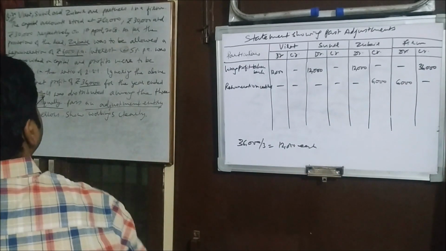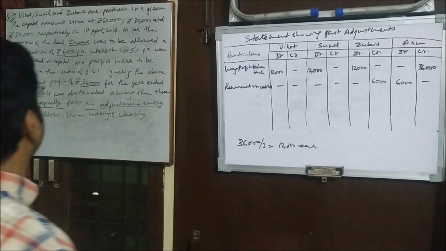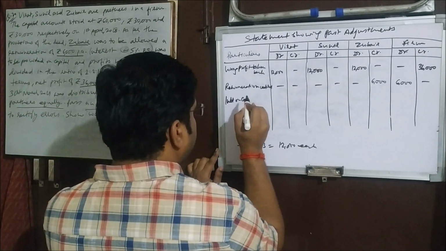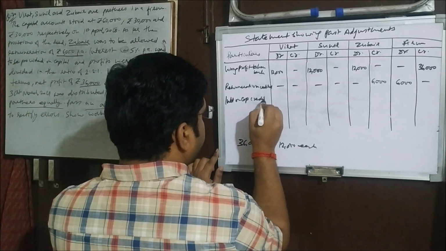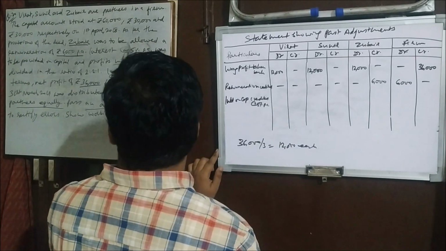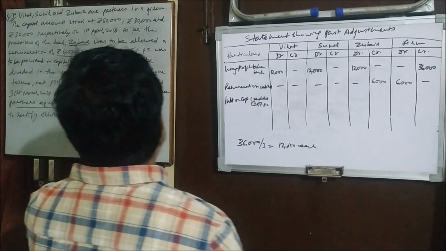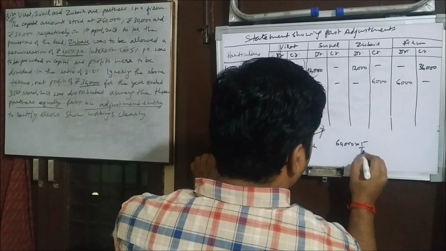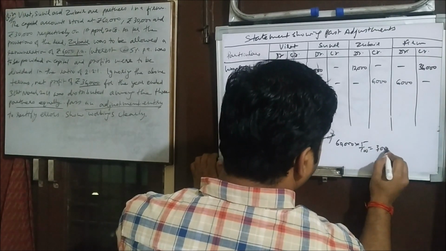Okay. Next, interest at the rate of 5% per annum. So interest on capital credited at the rate of 5% per annum. So let's calculate. Virat's capital is 60,000. On 60,000, 5% is 3,000.